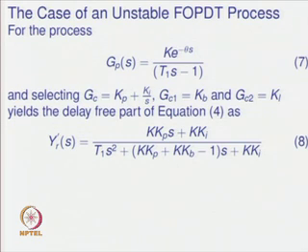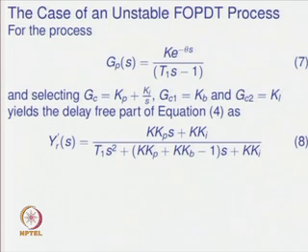Consider the case of an unstable first order plus dead time process. The process can be given by Gp(s) equal to k e to the power minus theta s upon T1 s minus 1. Now, I will design the 3 controllers for this unstable first order plus dead time process.